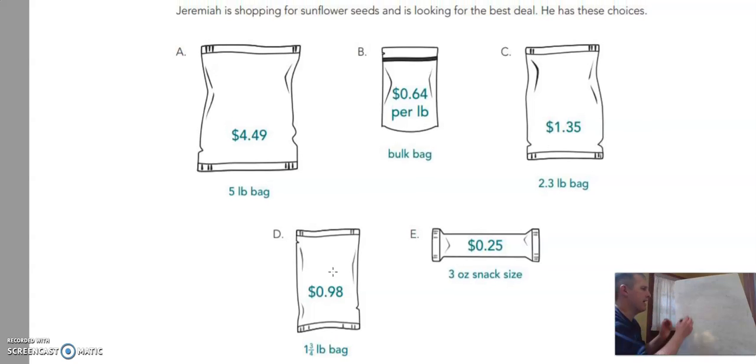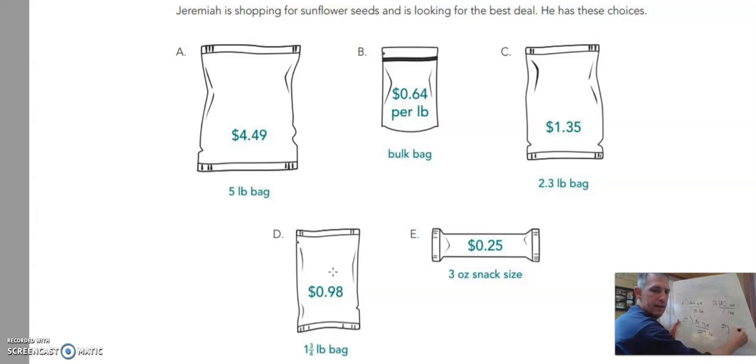Okay, I'm going to work on A. All right, it's $4.49 per 5 pounds. B, already done for us. It's 64 cents per 1 pound. Because remember, we want that per one. That's our unit rate. C is $1.35 per 2.3 pounds.